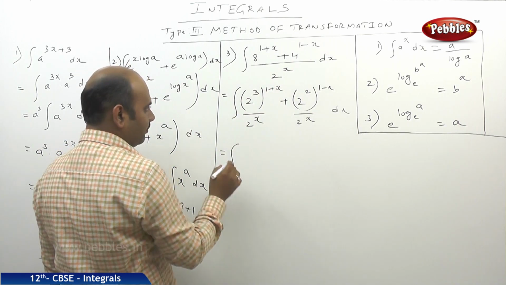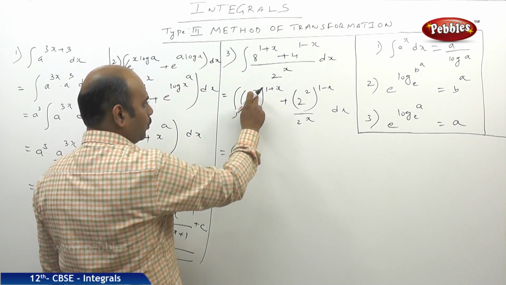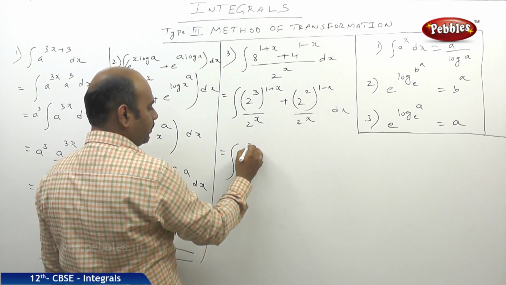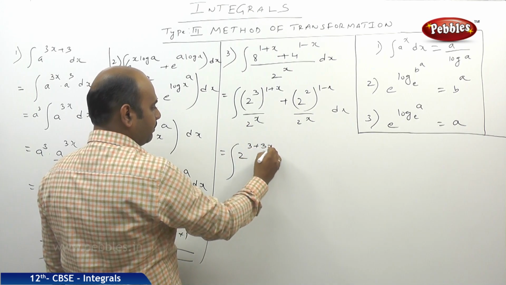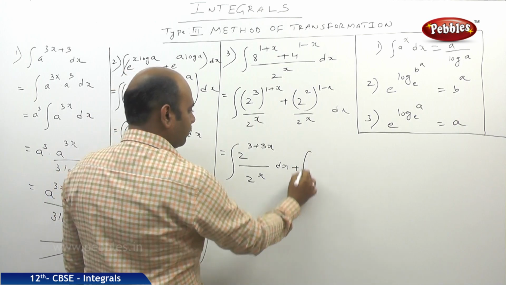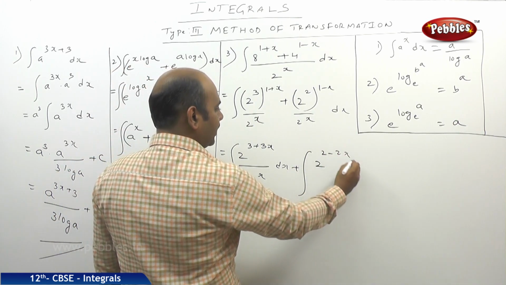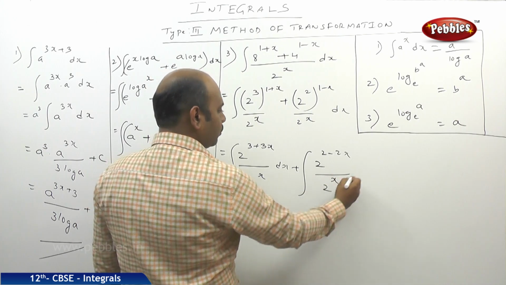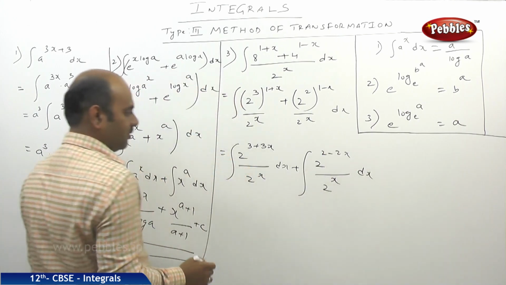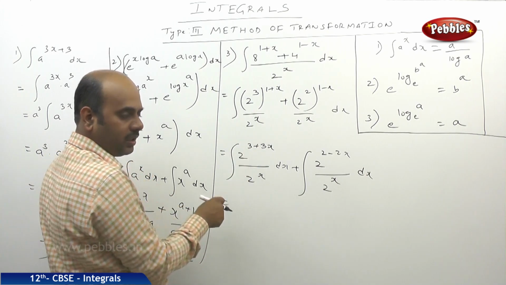Now finally, if you could observe carefully, this can be written as 2 power 3 plus 3x divided by 2 power x dx plus integral of, here also 2 power 2 minus 2x divided by 2 power x, and here dx. So now it is looking like a power m by a power n.